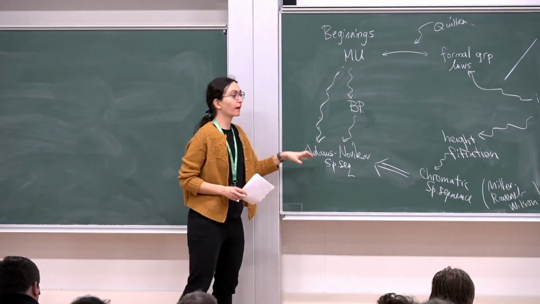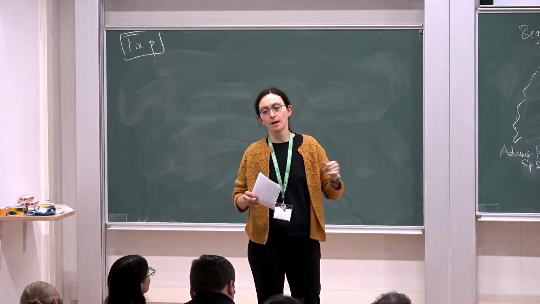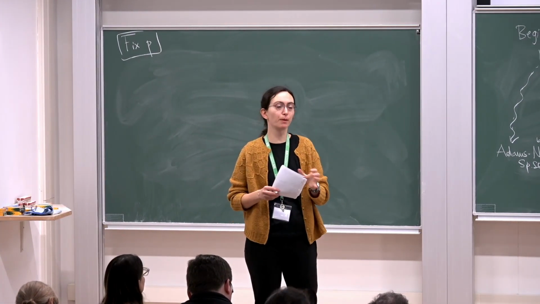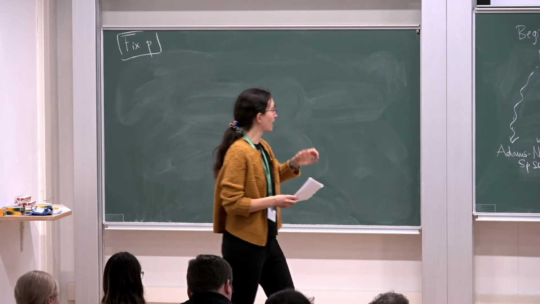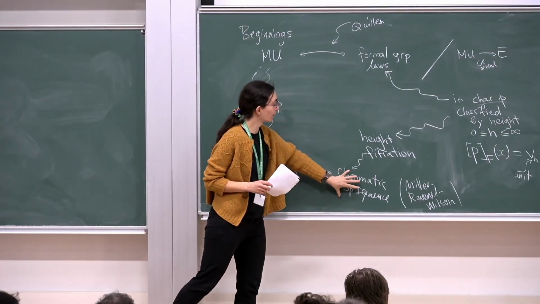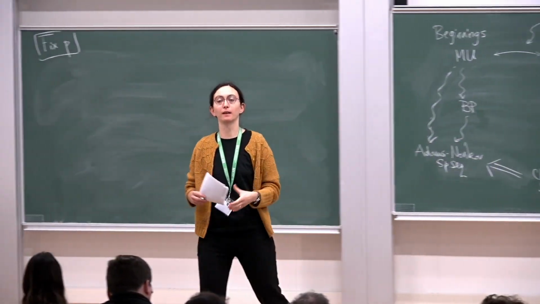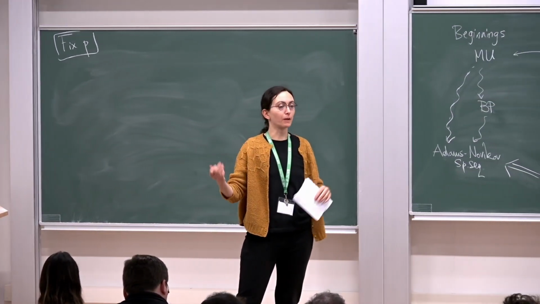We have this Adams-Novikov spectral sequence, which is not as complicated, and has certain nice properties, but it's still pretty wild. Then you deconstruct it into something that has nice periodic structures and periodic families.